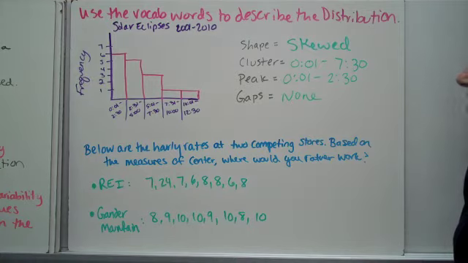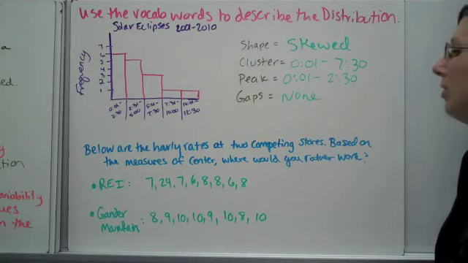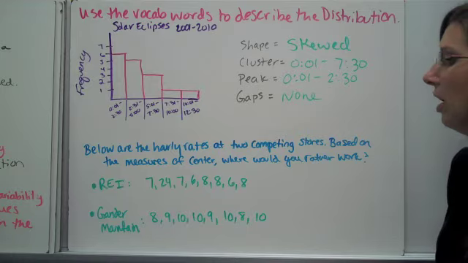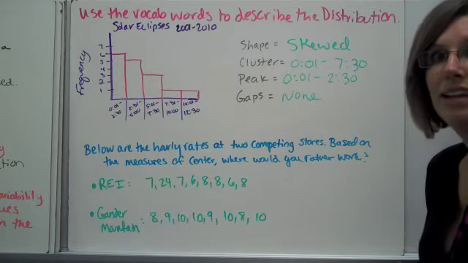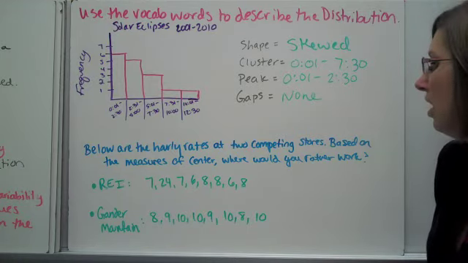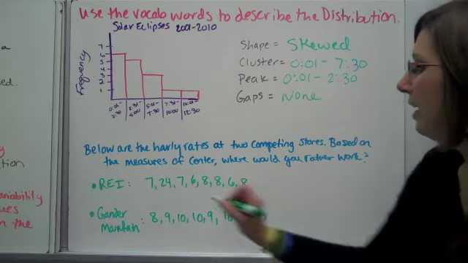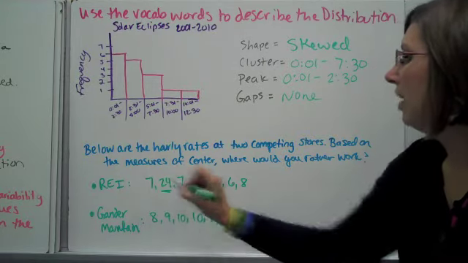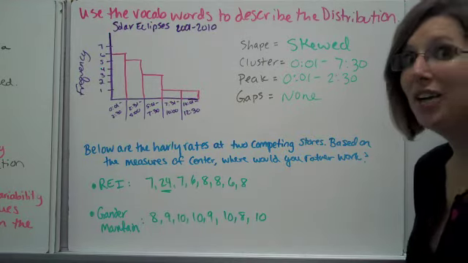Okay, in the next question below are the hourly rates at two competing stores. Based on the measures of center, where would you rather work? So remember, the measures of center are the mean and the median. So looking at this data at REI, I've got a really high outlier.